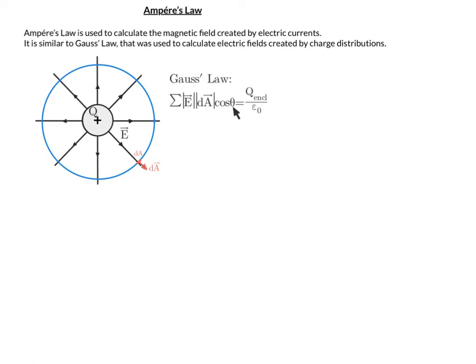The cosine of the angle was the angle between the electric field and the area, and then when we summed everything up, we ended up with the electric field times the surface area of a sphere being equal to the charge enclosed, in this case just Q divided by epsilon naught. So we'll use a very similar method for Ampere's law.